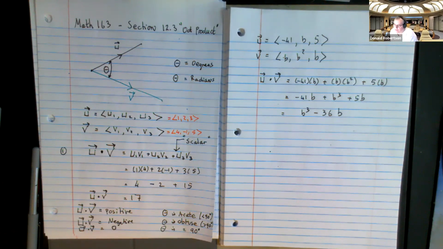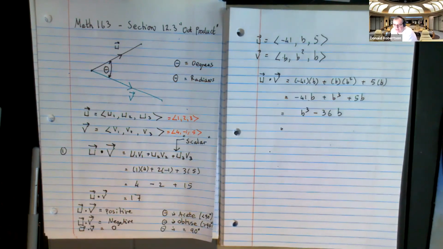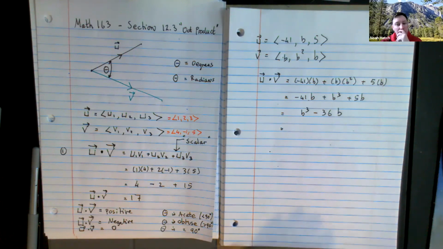So far, so good. Are we comfortable with the dot product just being an expression with b's? Let's take this a little bit further. I want you to do style points on that. Any idea what I could do to make it look prettier? Factor out a b. Gotta be. I would do that.